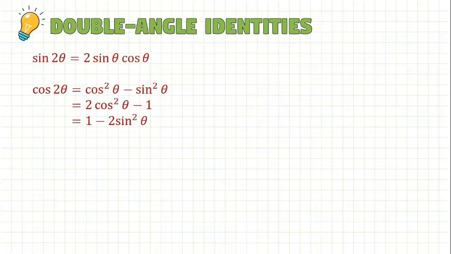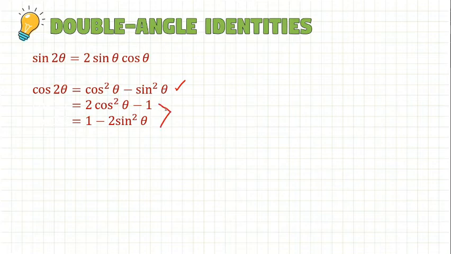So for sine 2 theta, we will have this formula, 2 sine theta cosine theta. And for cosine 2 theta, that is equal to cosine squared theta minus sine squared theta, or 2 cosine squared theta minus 1, or 1 minus 2 sine squared theta. So we have three formulas for cosine 2 theta.